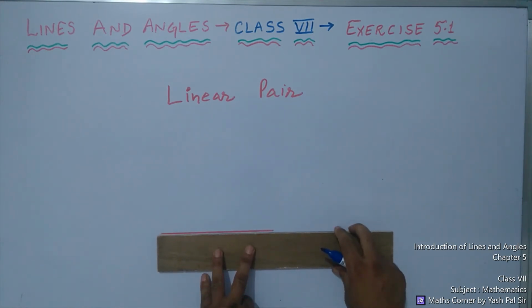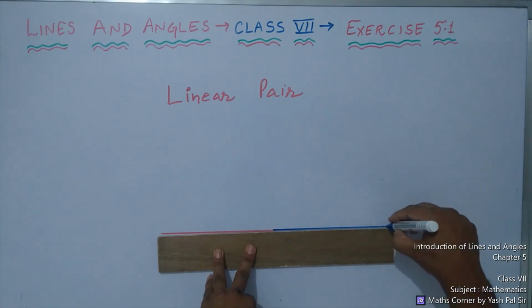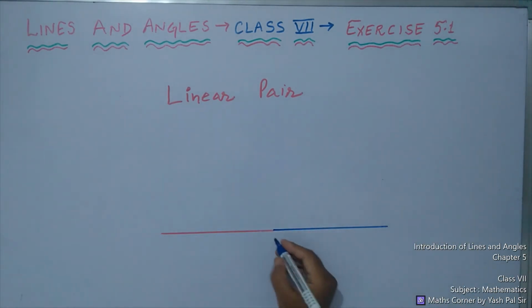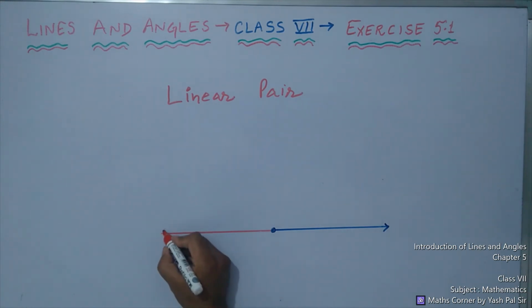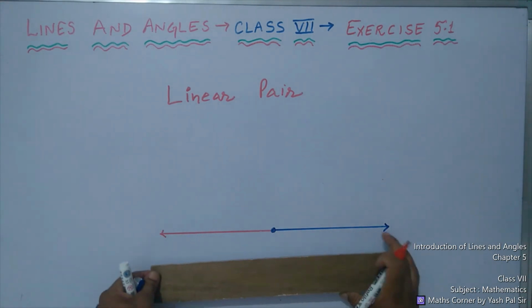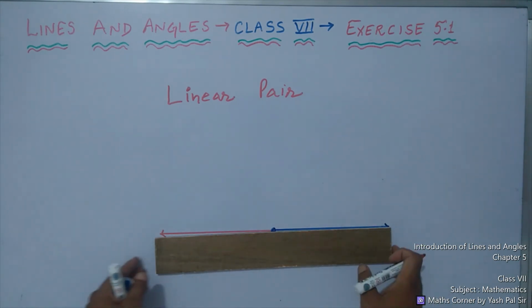This is the terminal line and this is the initial line. So the initial ray and the terminal ray, but they are on the same line, right?